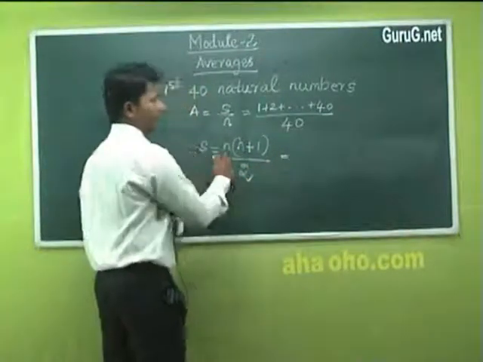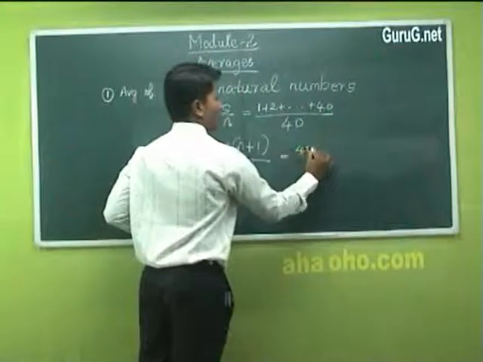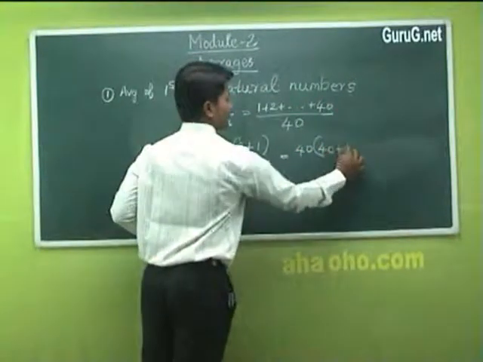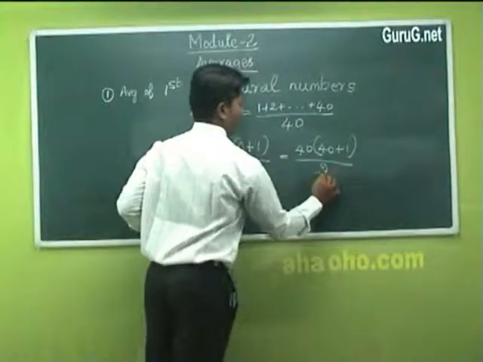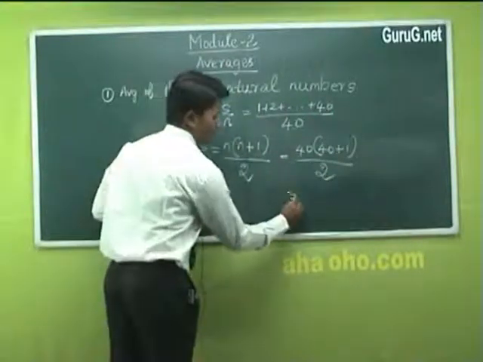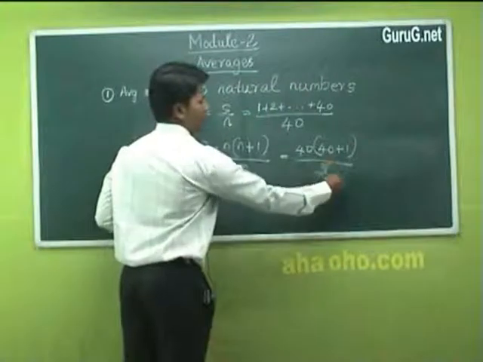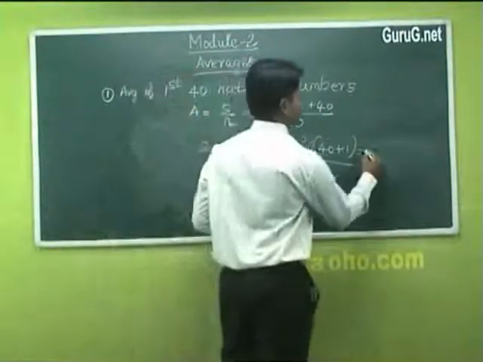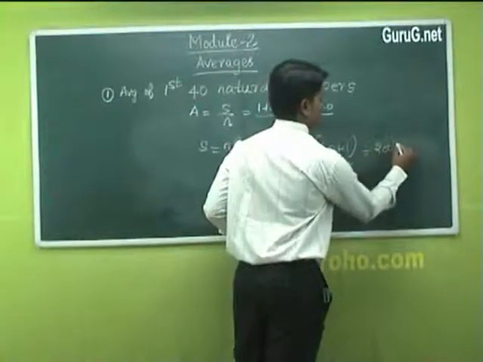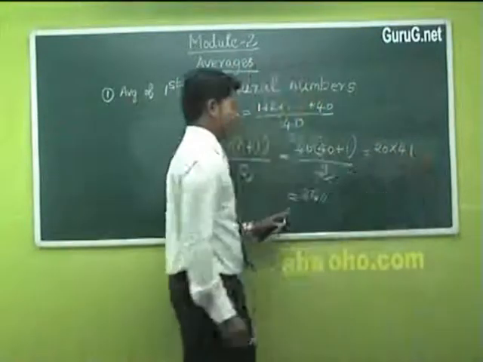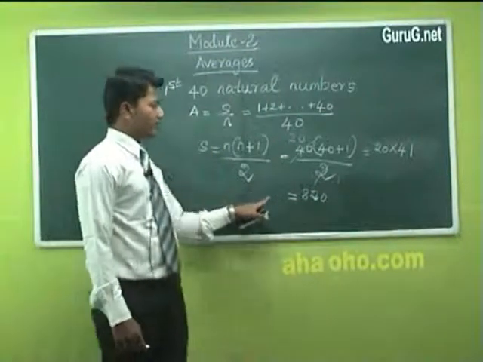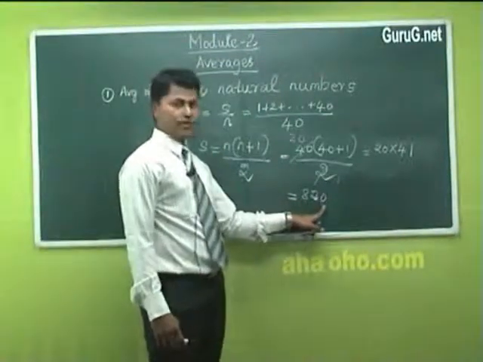So n here is 40. 40 into 40 plus 1 by 2. The answer will be 820.